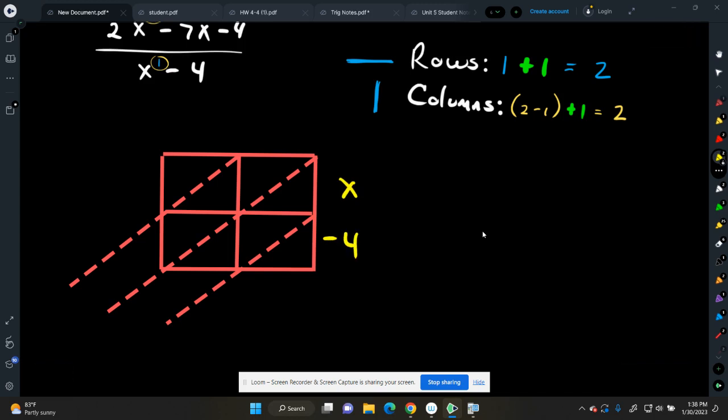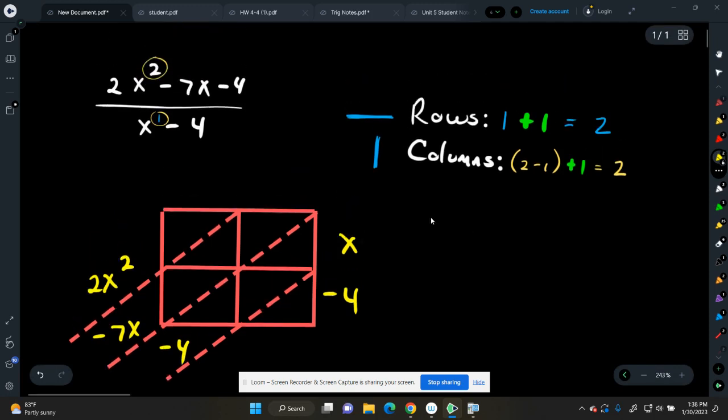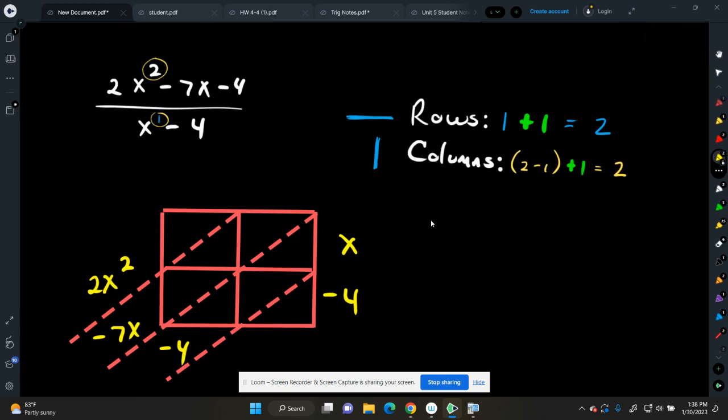You can put it on top if you want, but I'm going to do them on the side. And then the polynomial that's in the numerator, that goes on our diagonals. 2x squared minus 7x minus 4. So the polynomial up top, that's our diagonal. Everybody understand how we've labeled that?